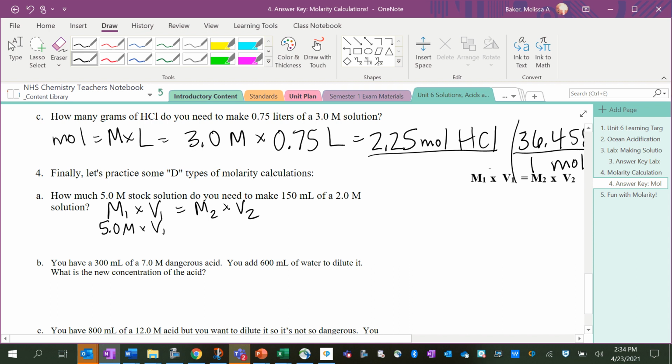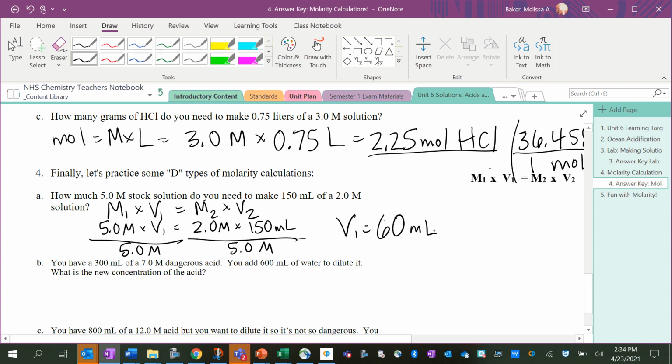We don't know how much we need, but we know we want to make a 2 molar solution and we want to make 150 milliliters of it. So to get V1 by itself, we're going to divide both sides by the 5 molar. And then I'm going to do 2 times 150 divided by 5. Answer, 60 milliliters.